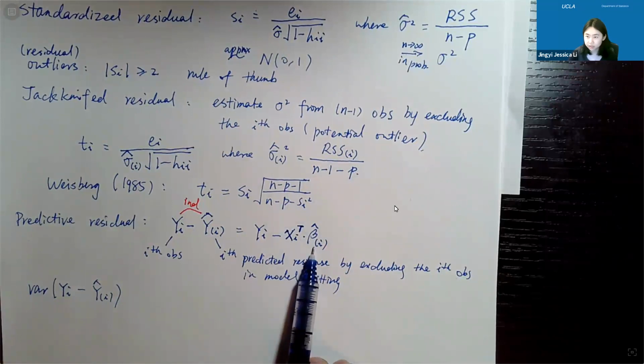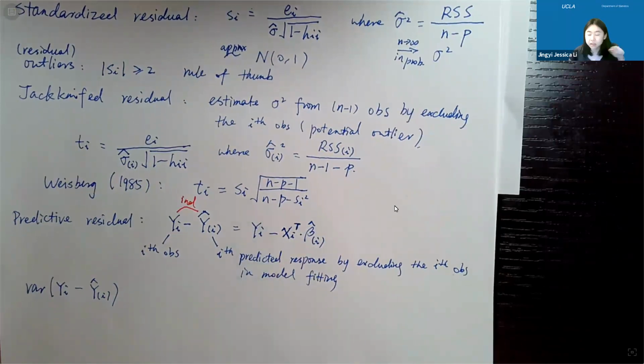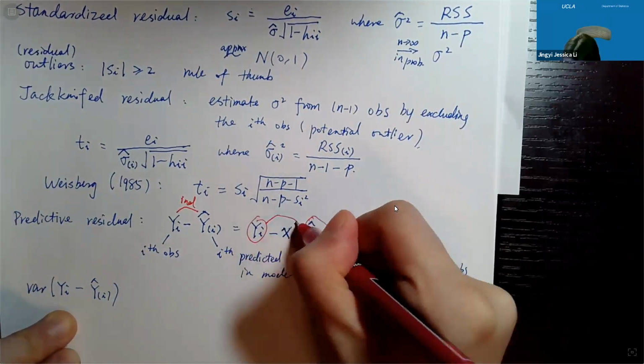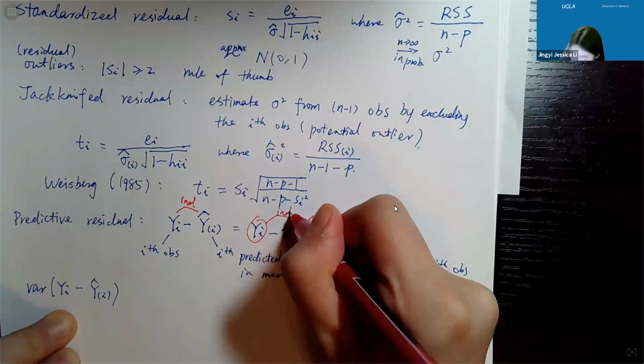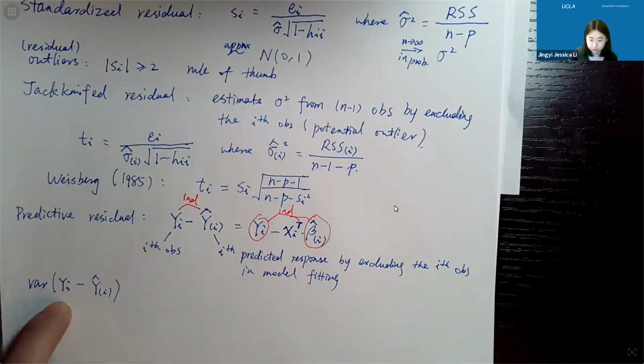And the randomness is coming from that beta hat, which only depends on the other n-1 observations. While the randomness of y_i is from epsilon_i. Since those epsilons are independent, we know that these two things are independent. And this is very important for our calculation of this variance.